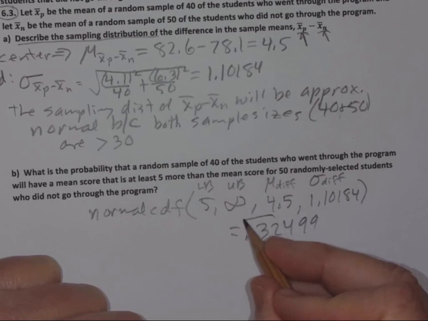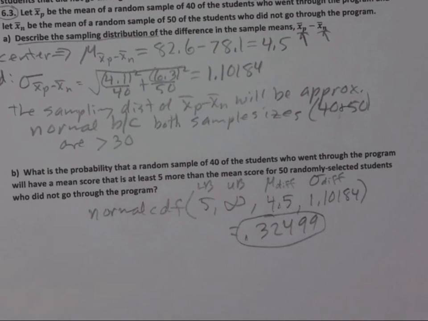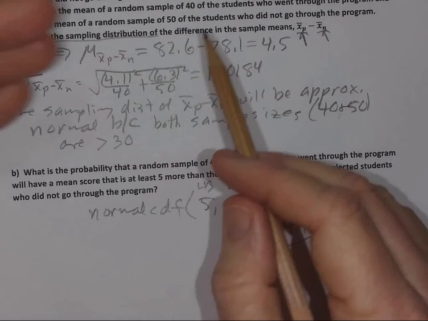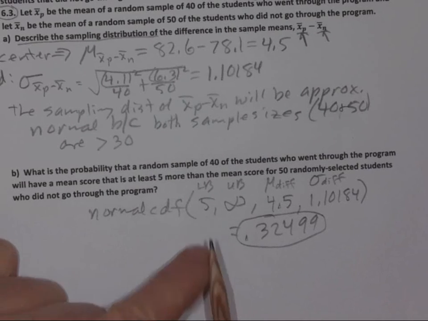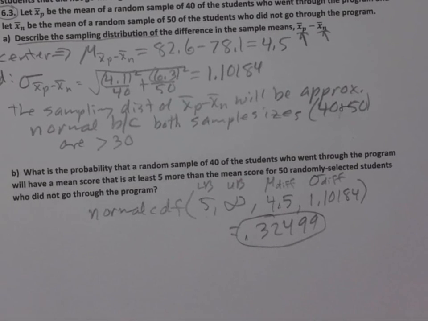In other words, it's not that unusual a thing. It happens 32% of the time just by sampling variability. So it wouldn't surprise us at all if we took samples like this, that the sample of the students that went through the program has a mean 5 more than the other one. Okay, so that is that.